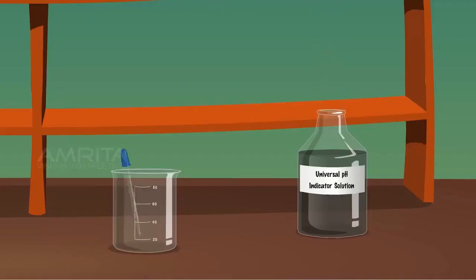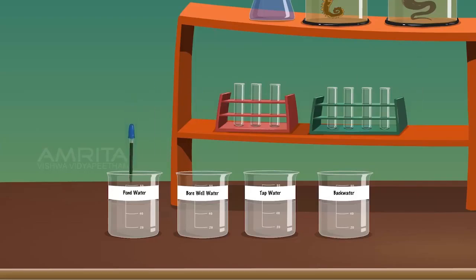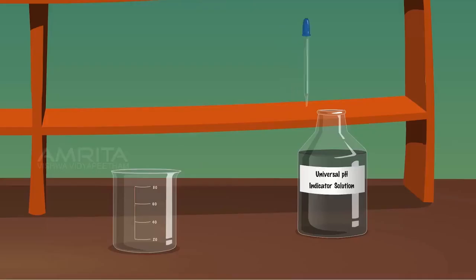Using a dropper, take some universal indicator solution. Put 5 drops of indicator solution into the beakers that contain water samples from the pond, bore well, tap water and backwater.